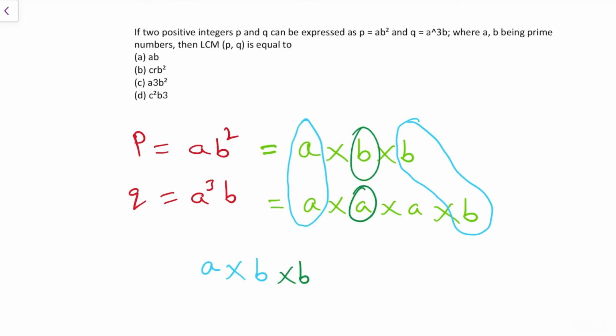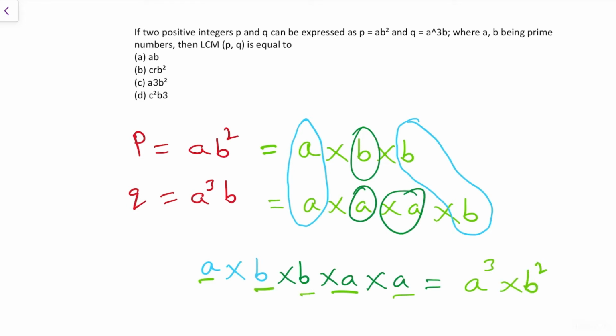Here a is extra, into a. Here again a is extra, into a. So this will become our LCM. Simplifying further, a is there 3 times, so a power 3, and b is there 2 times, so it becomes b square. A cube into b square is the LCM of the given numbers p and q.